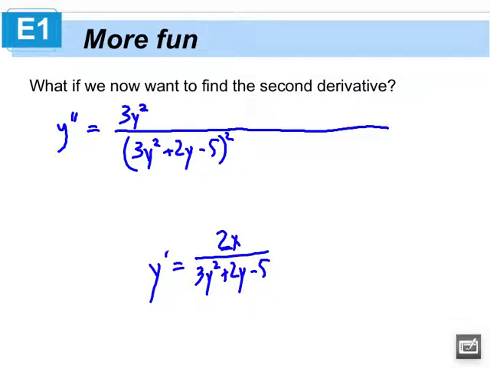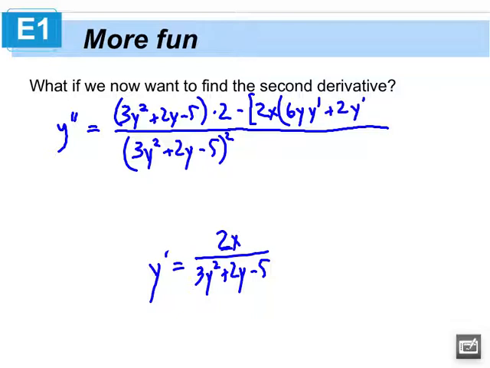Bring that up to the top, times the derivative of the top. So what's a derivative of 2x? 2, with a y prime? Oh, I couldn't fool you guys. 6y y prime plus 2 y prime.